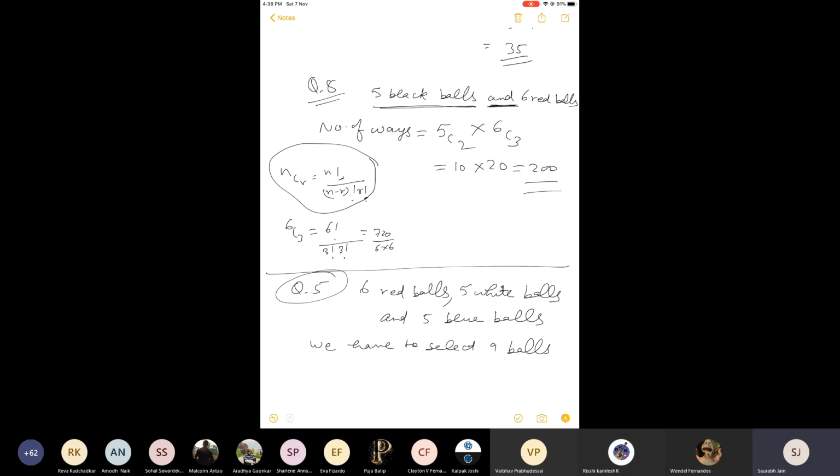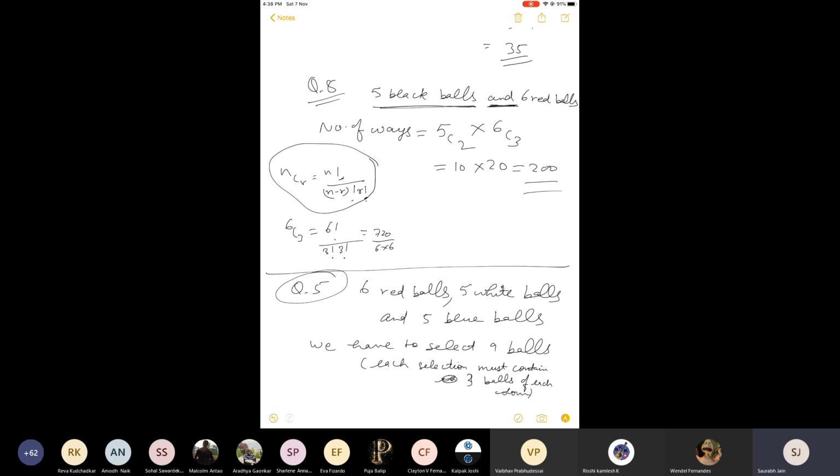Considering the fact that each selection must contain 3 balls of each color. This can be completed in a single line. Must contain 3 balls of each color.